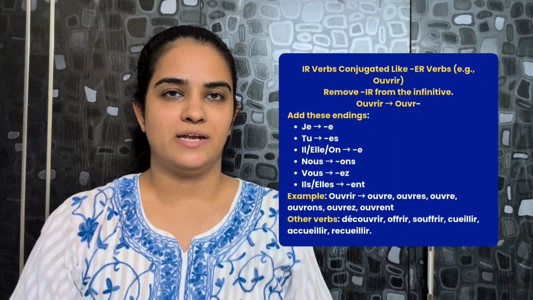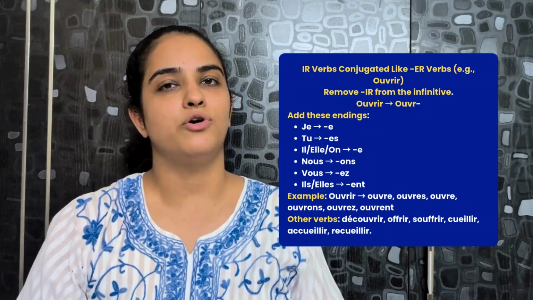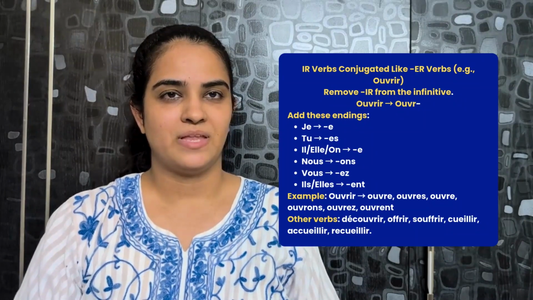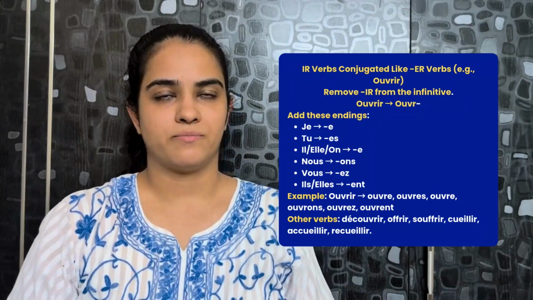Then we have the third category of IR ending verbs, which look like IR ending verbs, but they take the endings and conjugations just like the first group, which is ER ending verbs. So the verbs are IR, but they take the endings of the first group that ends with ER en français. For example, ouvrir.